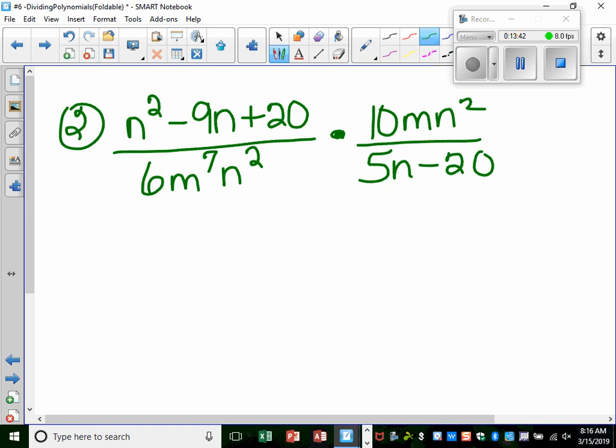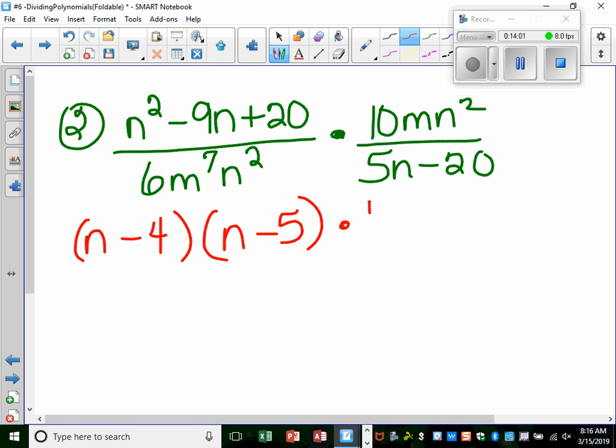Okay, so I got to factor this trinomial at the top. N squared minus 9n plus 20. What times what gives us 20 that can add up to -9? Is that -5 and -4? Okay. And I'm just going to leave this 10mn squared. I'll take care of that in a second.